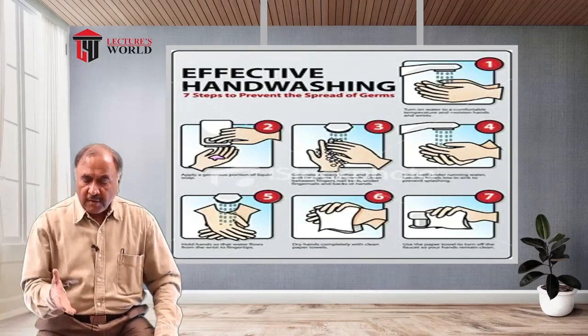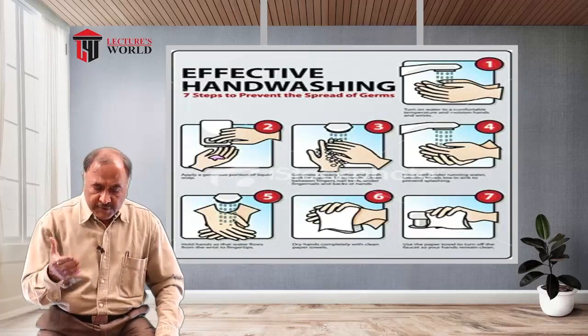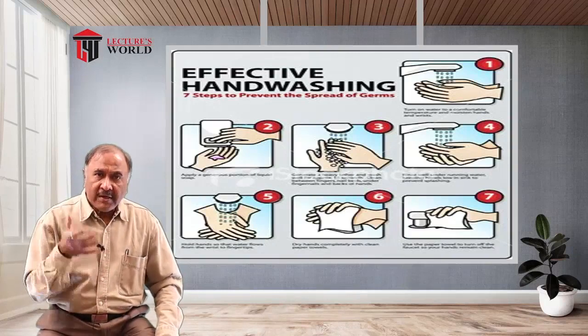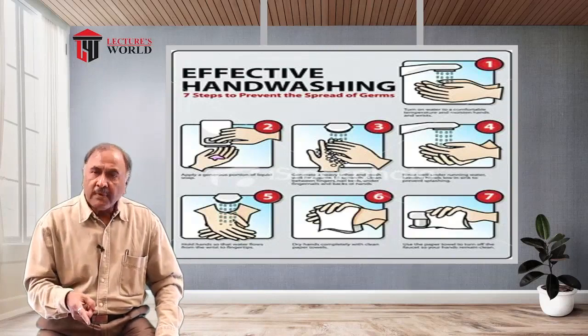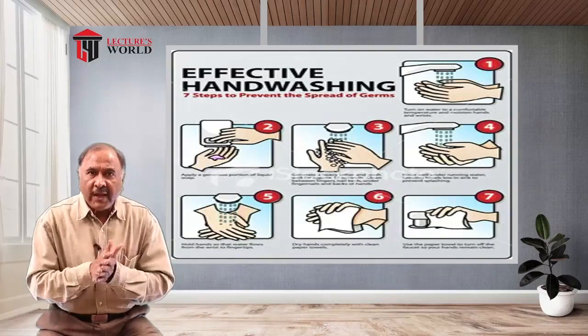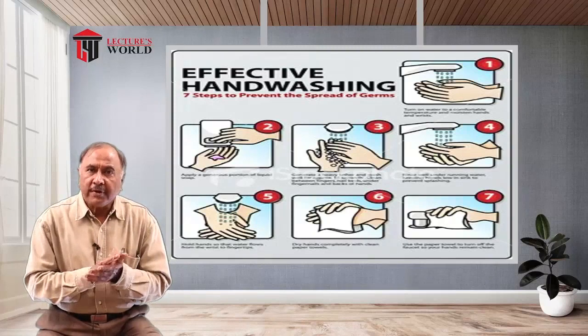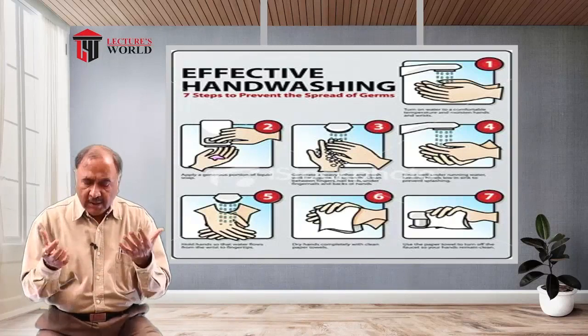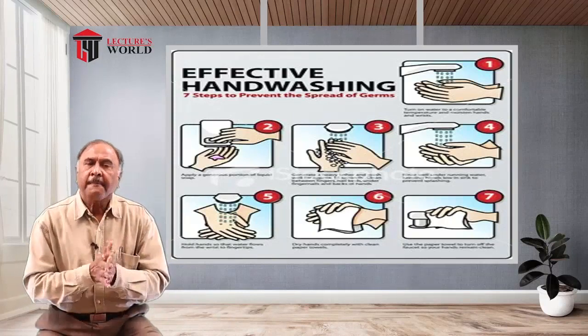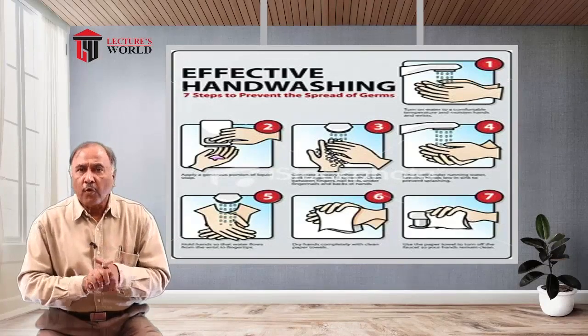As you can see here, first you have to moisten your hands, followed by taking soap and water, then use both hands to rub that soap and water on your hands, followed by taking a little bit of water and again making foam.